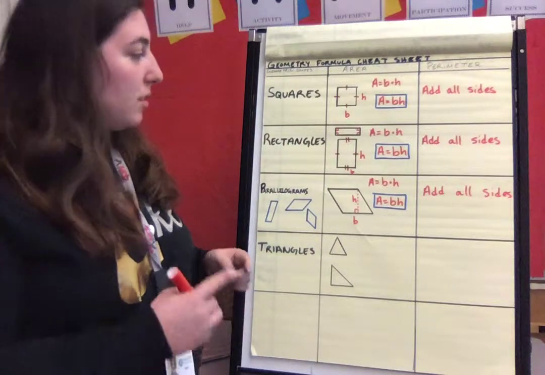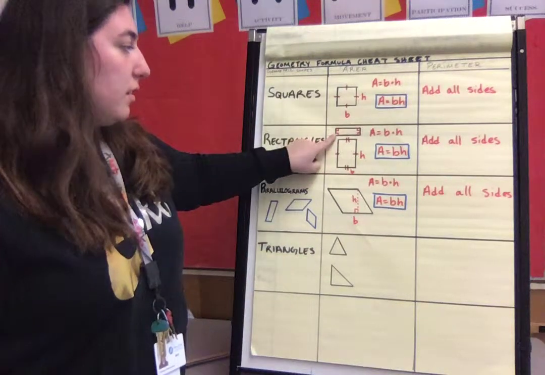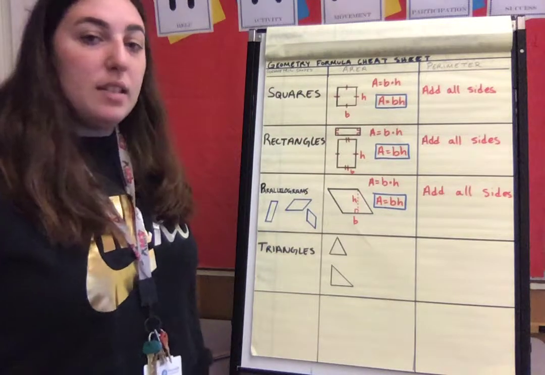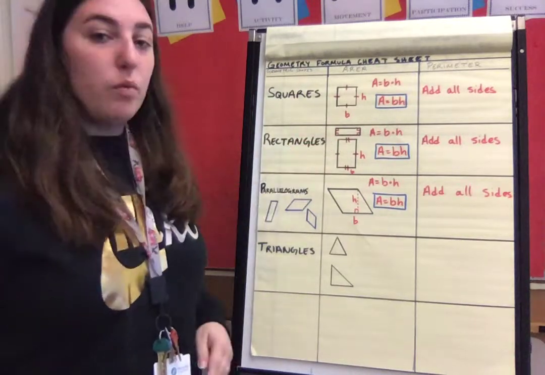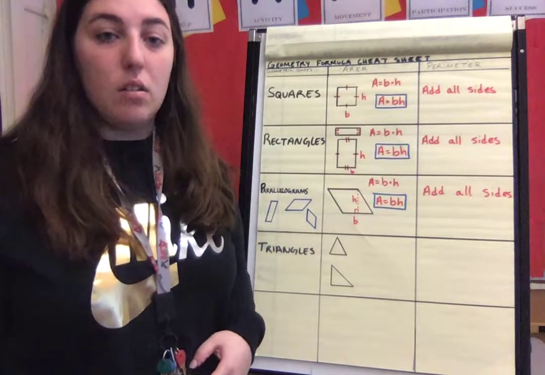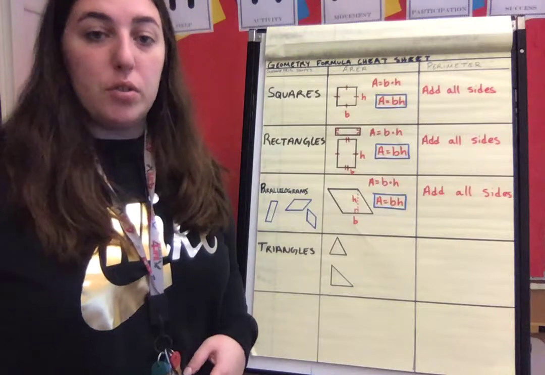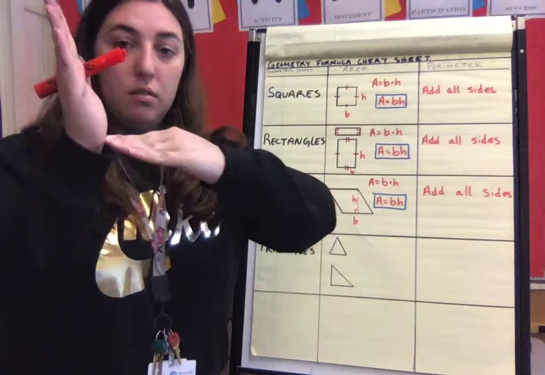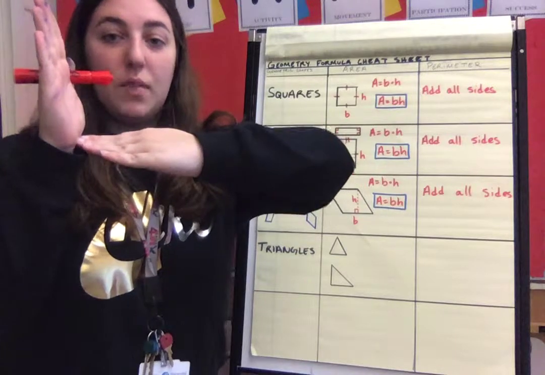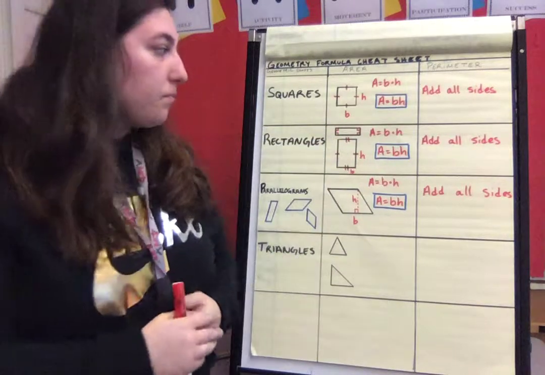One last quick note: these little squares that I made in these corners mean that this corner is a right angle. A right angle is a 90-degree angle, and you're going to see that a lot in geometry. It means the sides are perpendicular to each other.